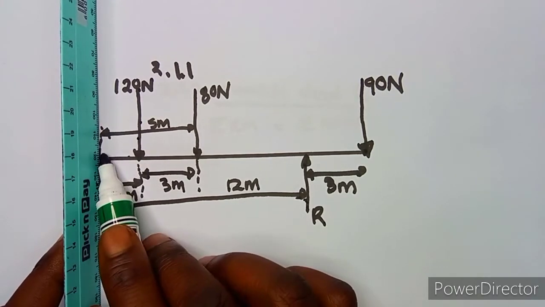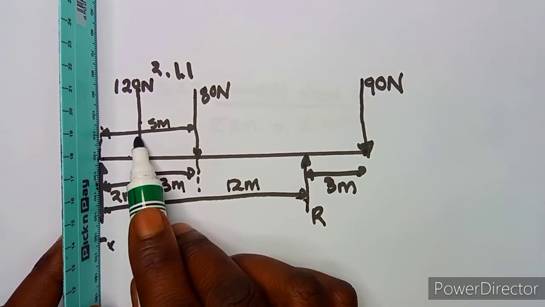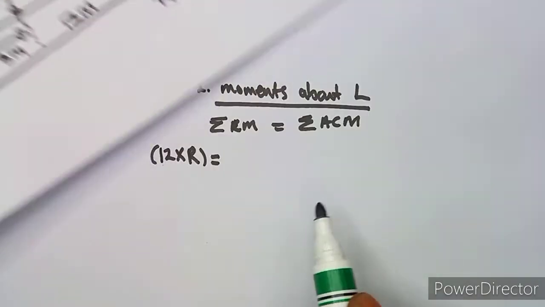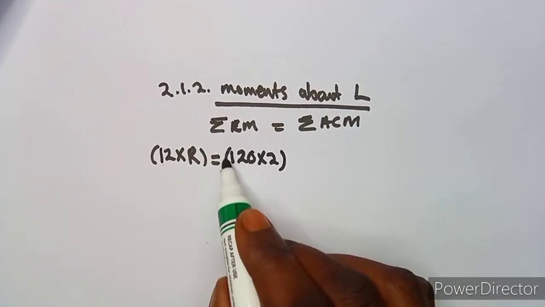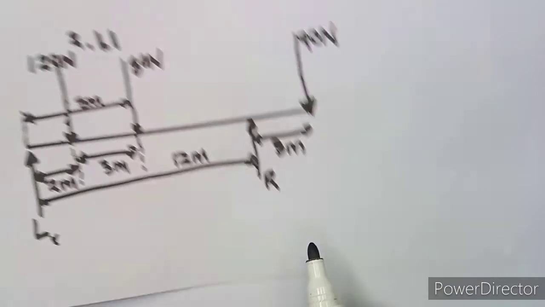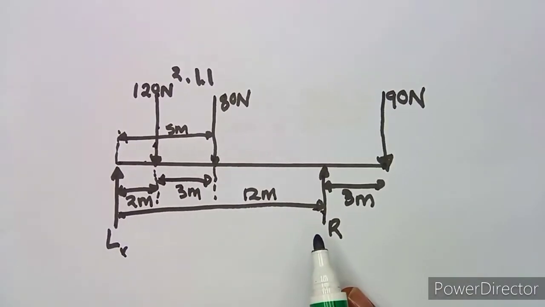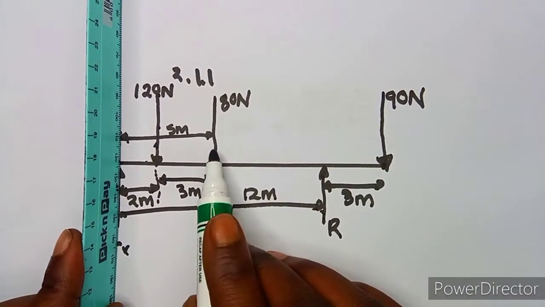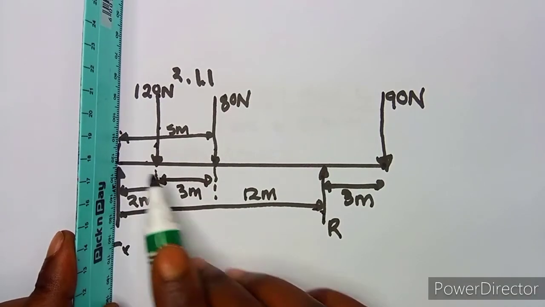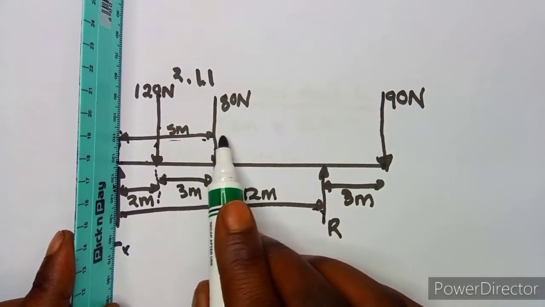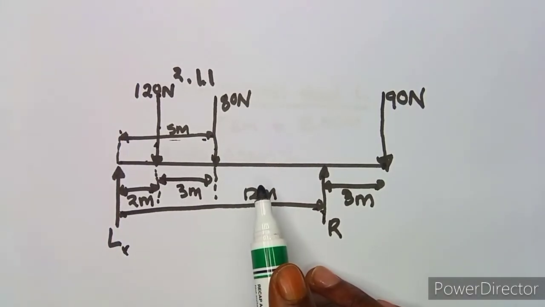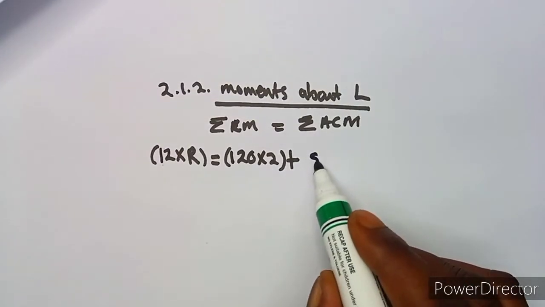Remember, it's force times distance, so it's 120 times 2. Plus, you move on to another one back to L. All these should be taken back to L. So it's 80, and there's a distance of 5 meters from 80 to L. So it's 80 times 5.